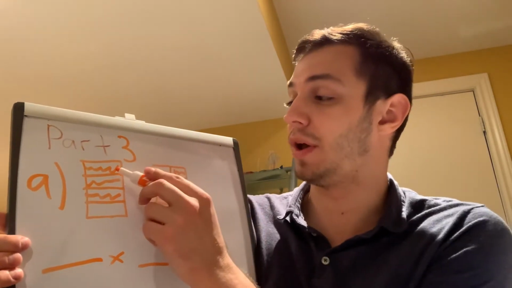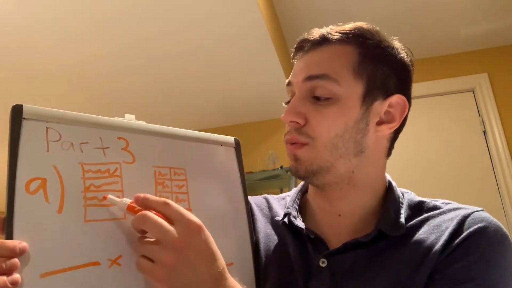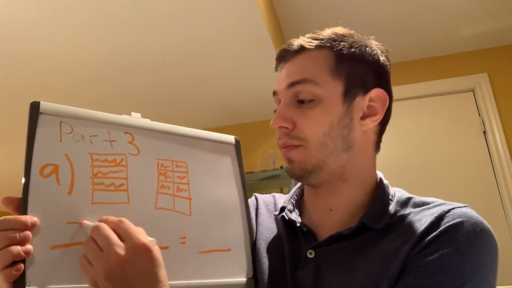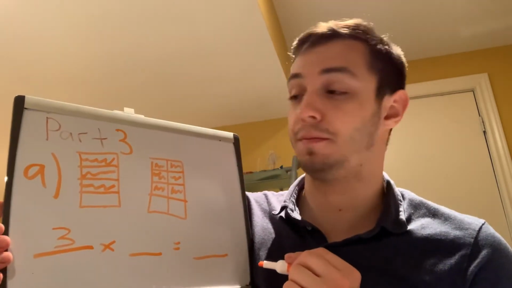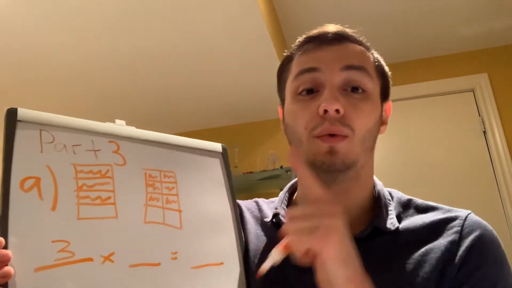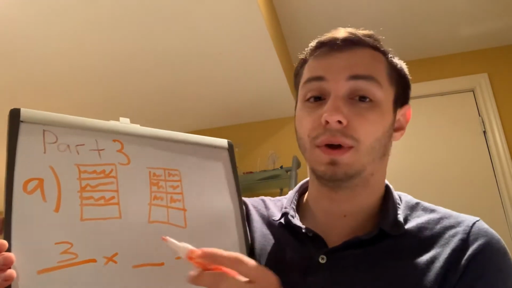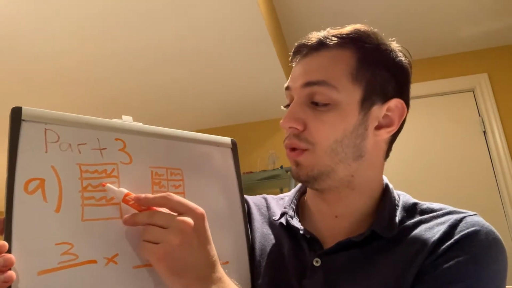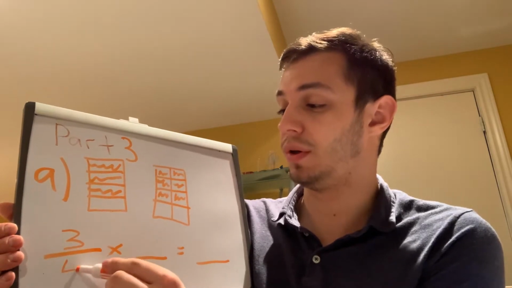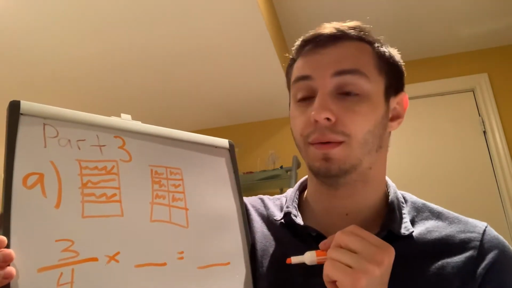If you look at the very first picture, we can see that 1, 2, 3 parts are shaded. So 3 will be our top number in the first blank. The bottom number will be how many parts are in 1 unit. This is 1 unit, so there are 1, 2, 3, 4 parts. So our fraction will be 3/4.